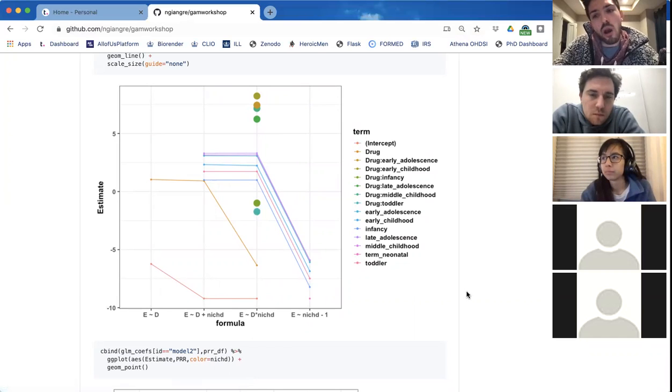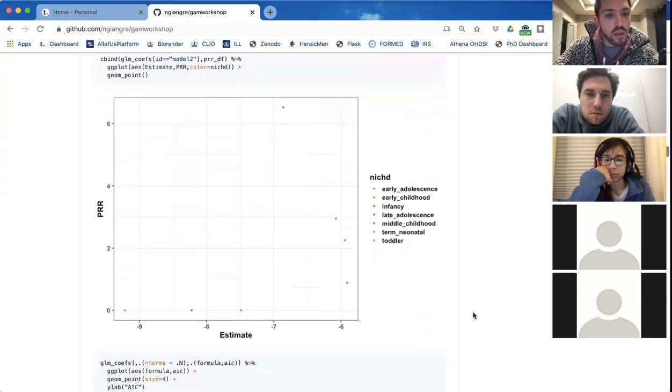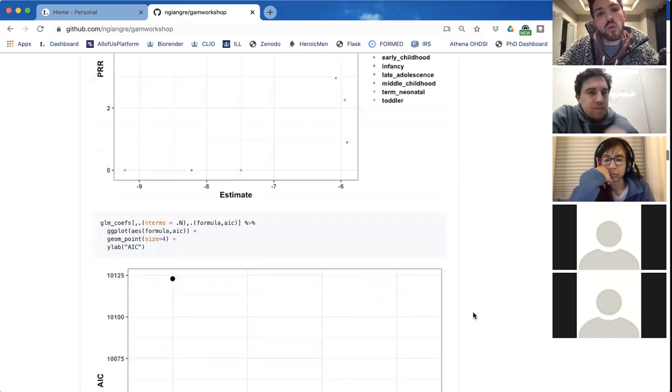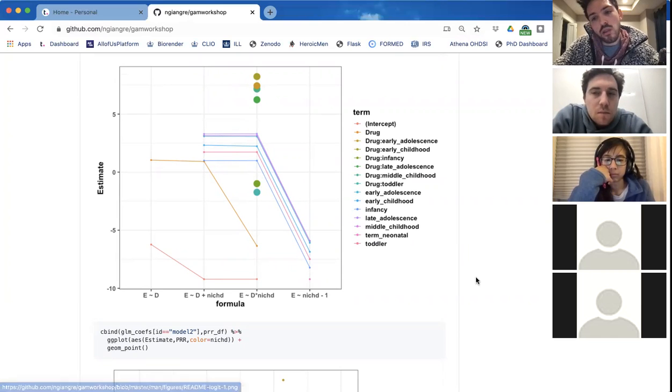You kind of want models where whatever characteristic you're looking at has some kind of sensical relationship. We would like these coefficients to be somewhat related, but in the model they're not, and that's, at least for me, a problem.